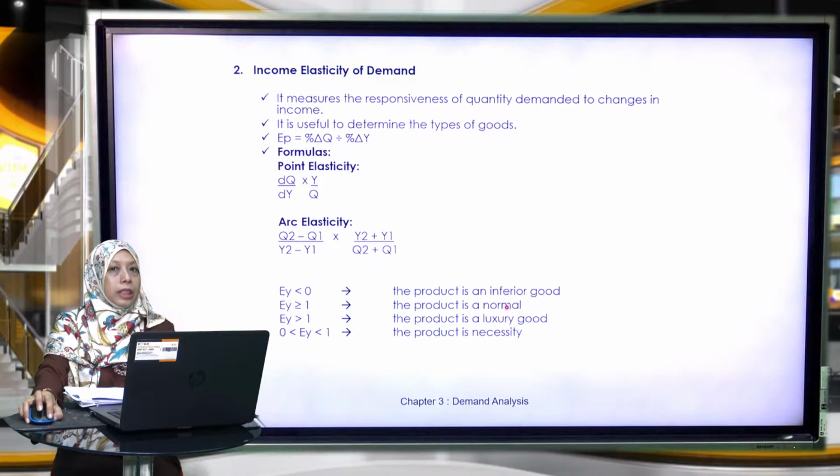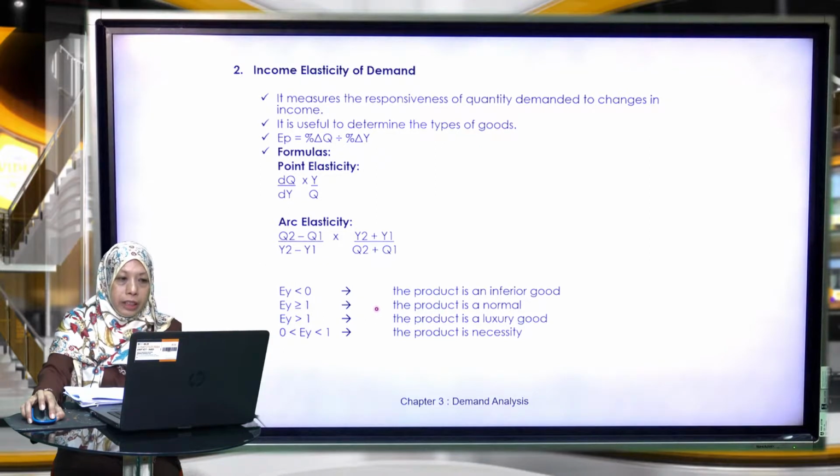A normal good is a good which has a positive relationship with income level. Your normal good can further be divided into luxury or necessity. If your coefficient has a positive value and that value is greater than 1, then the product can be categorized as a luxury product.